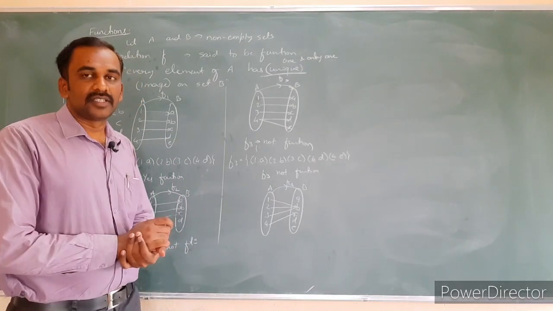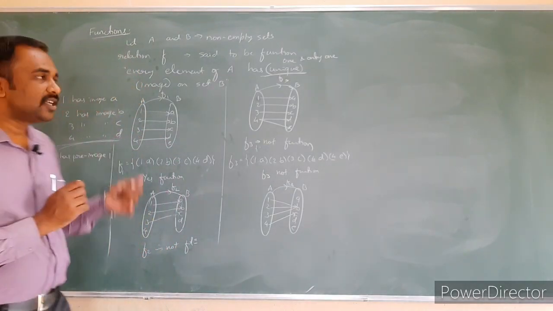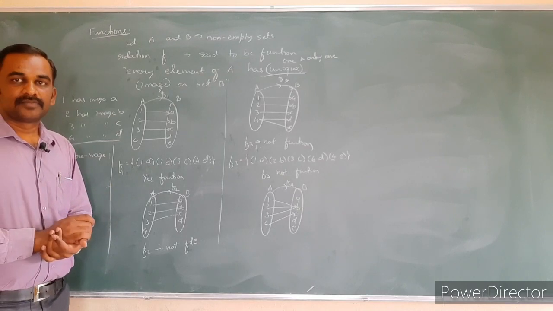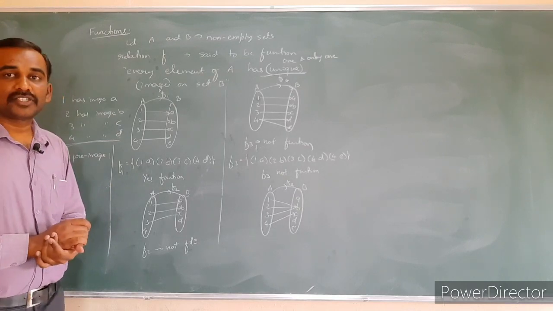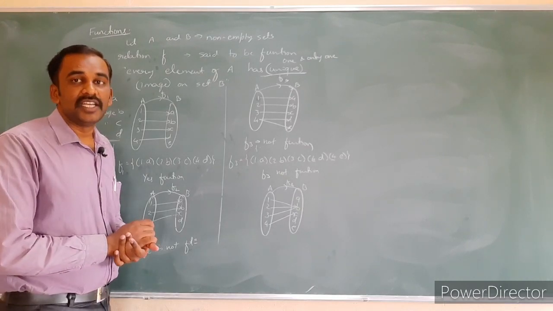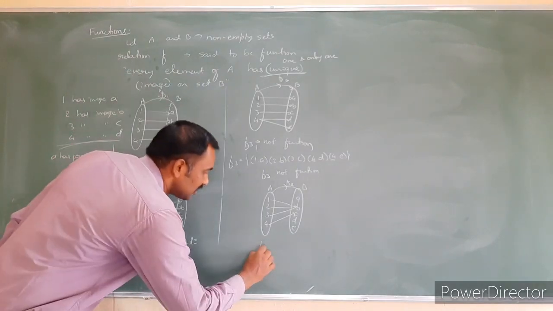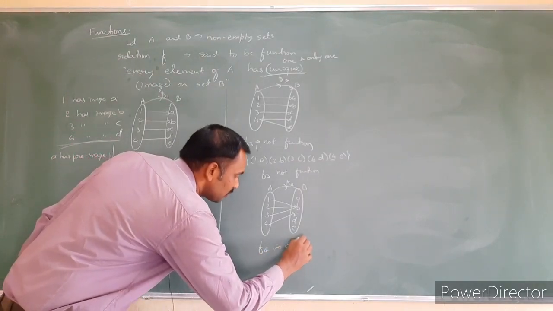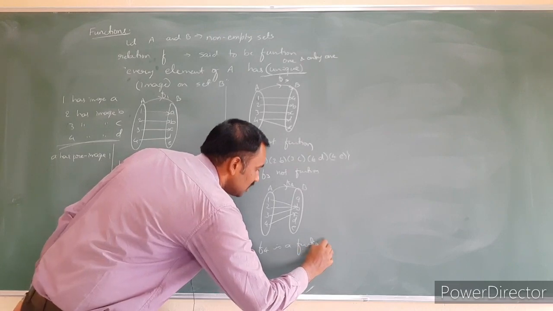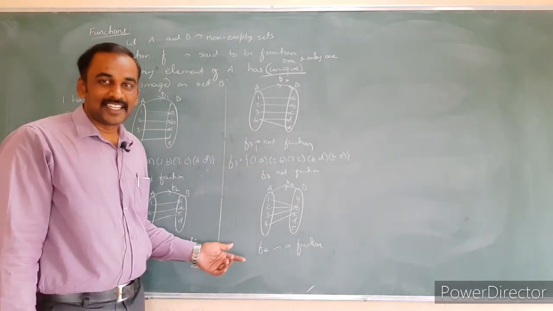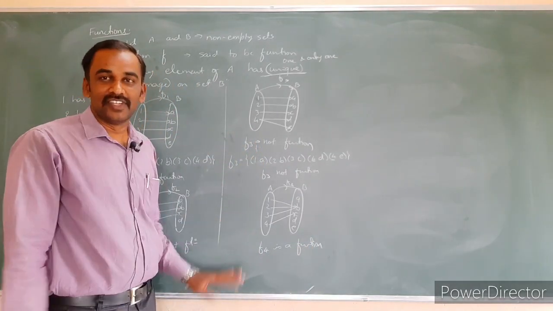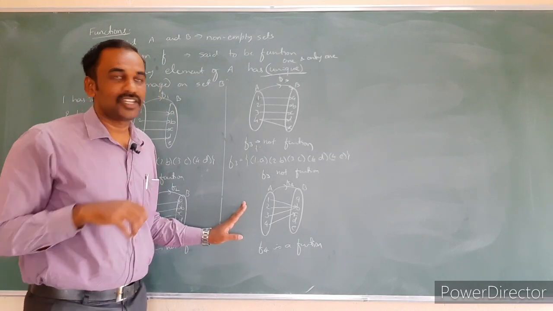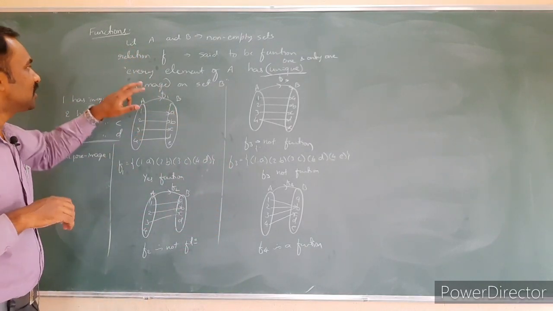Now just think over it, read the definition. Function or not a function? Yes, obviously it is a function. F4 is a function. Are you getting confused? No, just read the definition of the function.